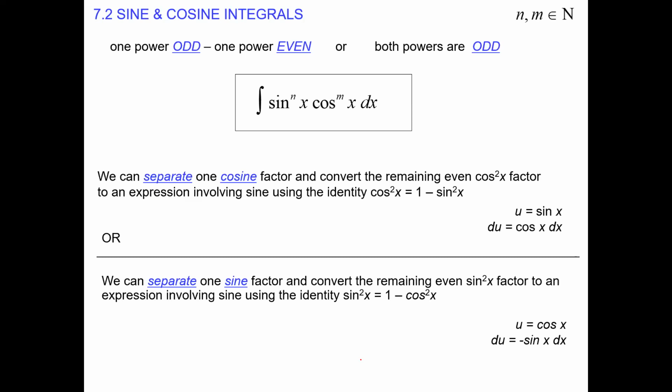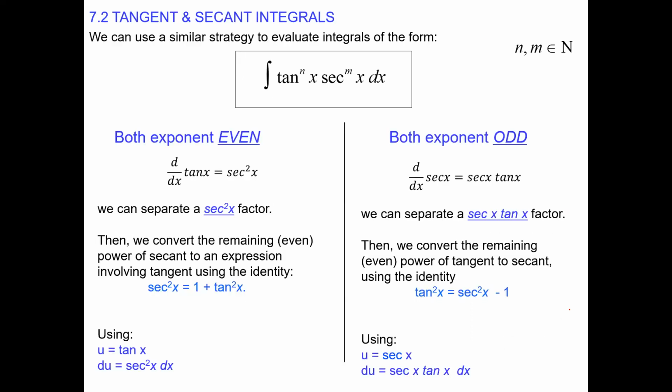But we remember it's just U substitution, and we don't even have to exactly memorize the technique. It's just U substitution. You may choose sine of x or cosine of x, and the same will apply for tangent of x times secant of x dx, taken to certain powers. And we can give some suggestions for when the power is even or odd.